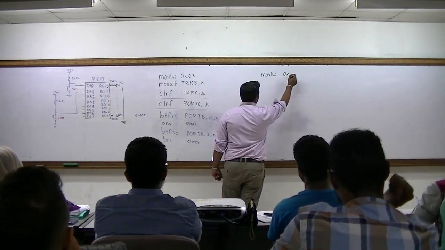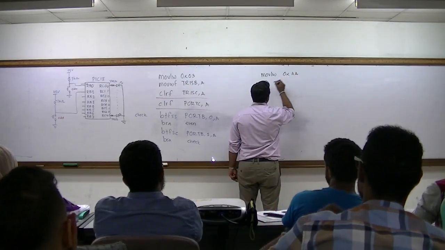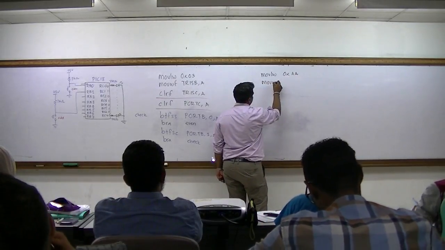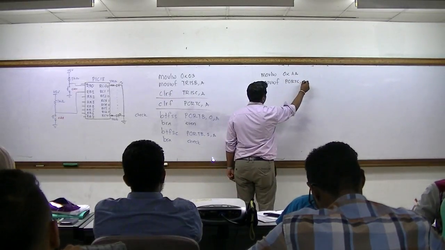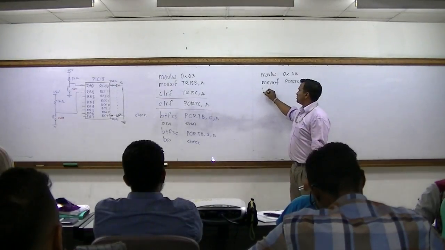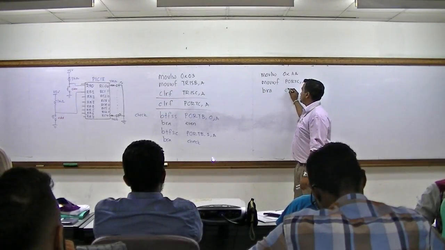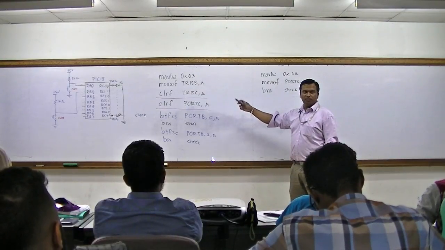What is odd? Odd is 0x18. Then you move it to Port C. After you do this, you need to make sure that you go back to check, because you want to continue to check the button.